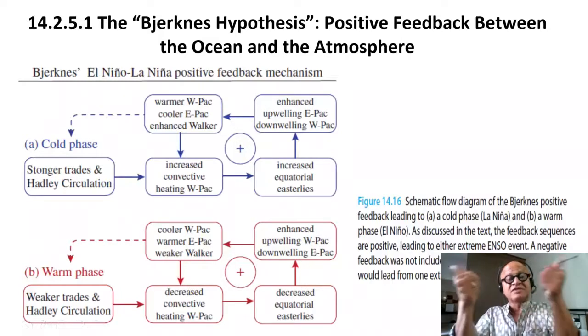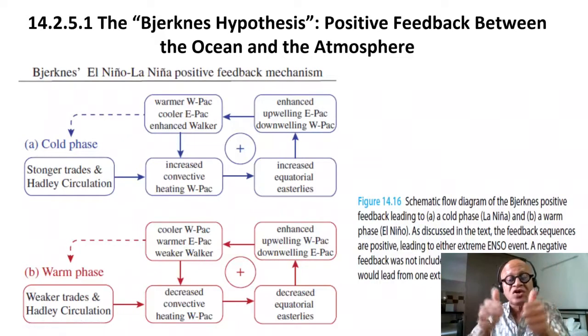So the East Pacific has mean upwelling, but it will be weakened. So there is an anomalous downwelling, which leads to a warmer East Pacific and colder West Pacific, which is going to make the sea surface temperature gradient weaker, which is going to further weaken the winds, further weaken the upwelling, further warm the SSTs in the east, and further weaken the east-west SST gradient, and so on. So you are again in another positive feedback loop that's going the other way, giving you the warm phase.